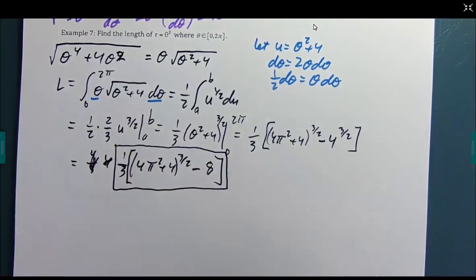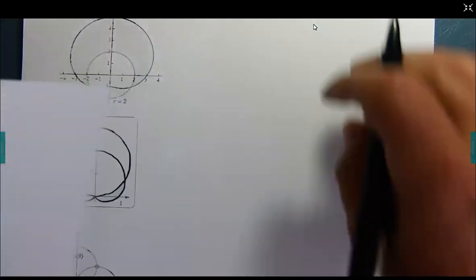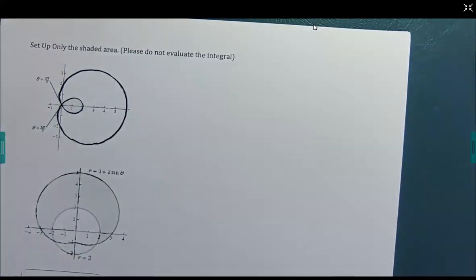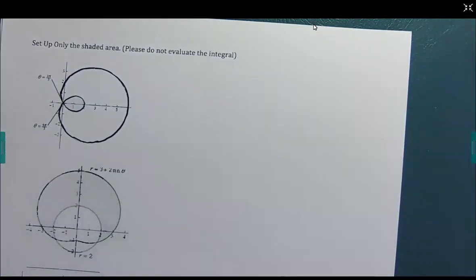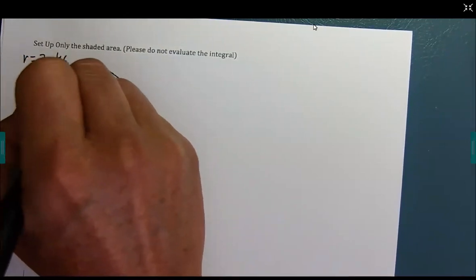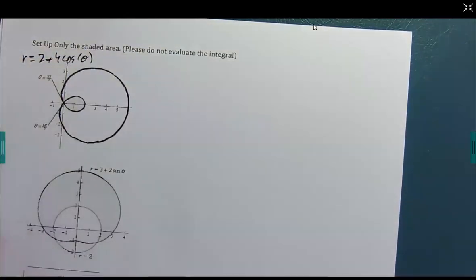All right. We're going to go back to finding areas, but we're only going to set up the integral because these get quite tricky, actually. So what's going to happen is I need to find this one function, pardon me, for this one here is r equals 2 plus 4 cosine theta.